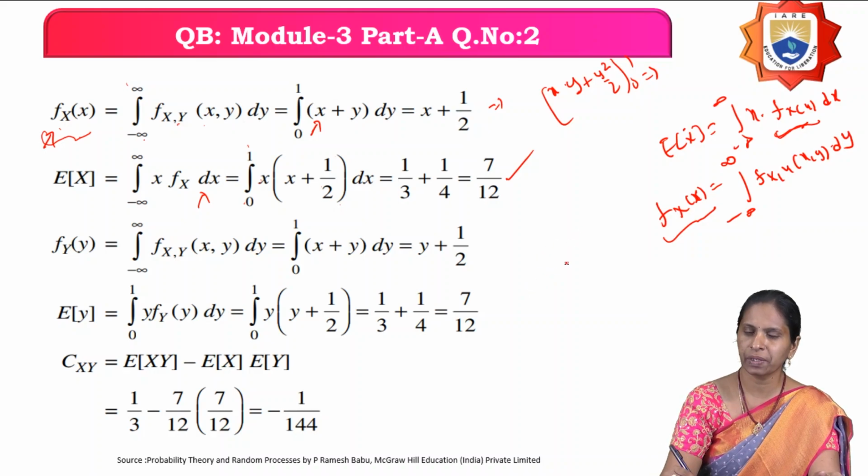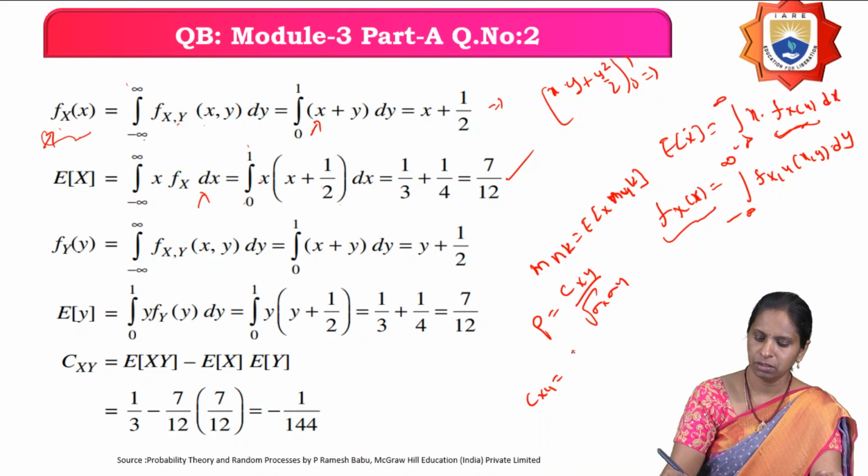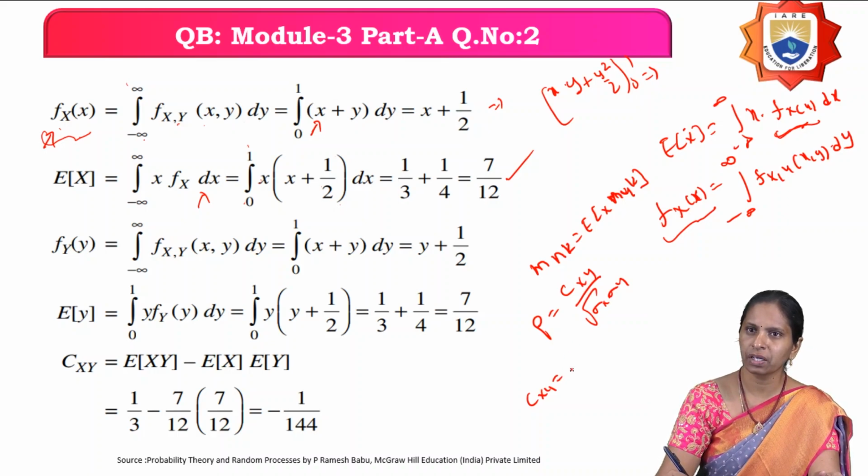As we have done in the previous problem, first calculate what m and k are, which is nothing but the expectation of x power n into y power k. So first you have to calculate the correlation coefficient. What is the formula here? C_xy by the square root of sigma x square into sigma y square. What is C_xy? The covariance formula is the expectation of xy minus x bar into y bar.